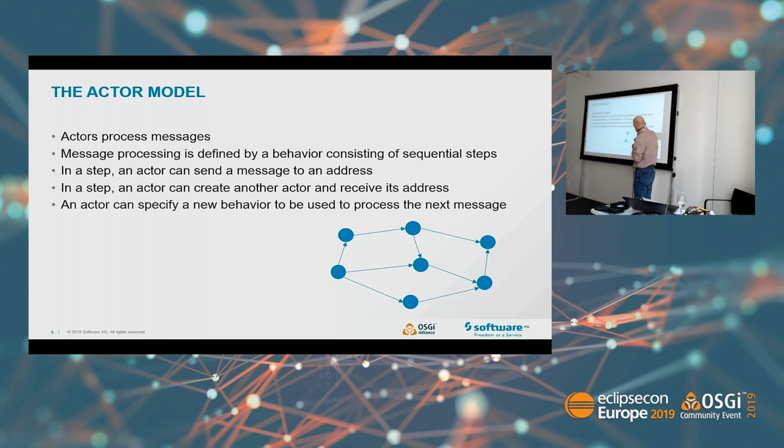Sending messages, creating other actors, and through this choreography of messages that go around, we have the meaningful behavior of the system. And state is modeled in such a way that the actor, after processing a message, defines the next behavior it's going to apply to the next message that comes in.